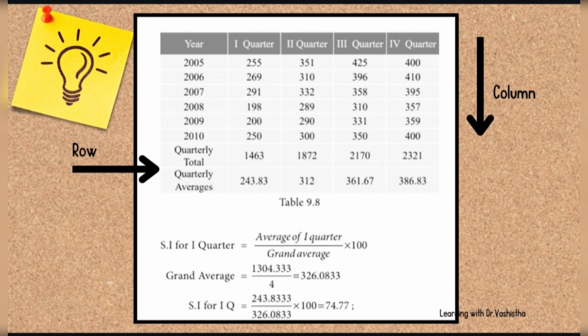It is the ratio of the two, which means the average of the first quarter upon the grand average multiplied by 100. The average of the first quarter, as we already saw, comes out to be 243.83 upon the grand average, which we just calculated. It is 326.0833 multiplied by 100. That comes out to be 74.77.